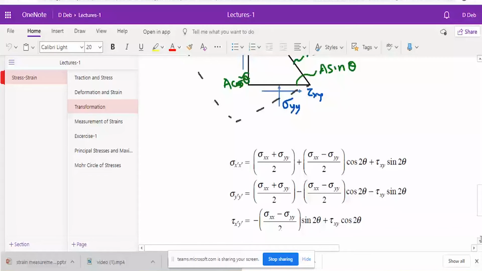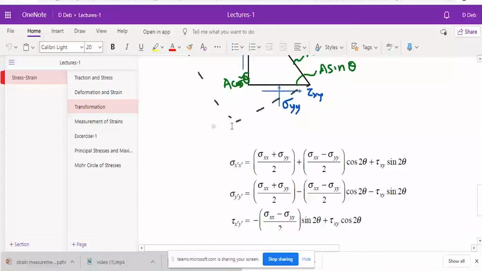The middle one we will get by making this another plane. From the above two equations, we will get this one and that one. And if you consider the other plane, then we will get this one and this one. Same thing.